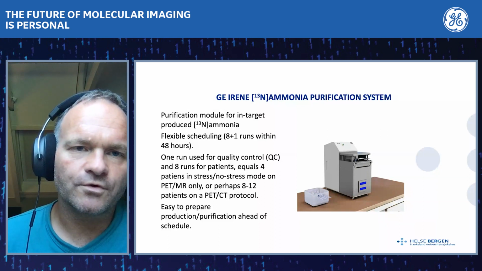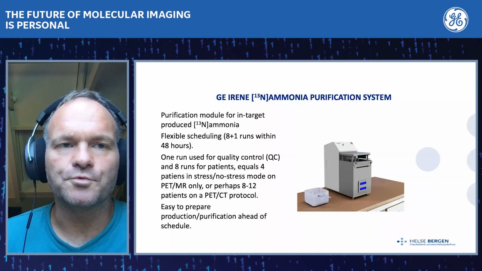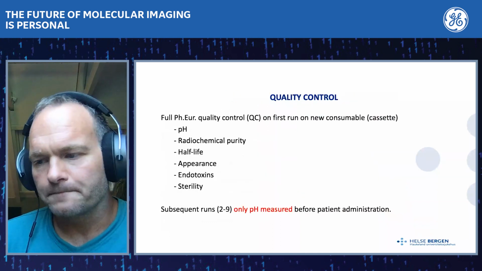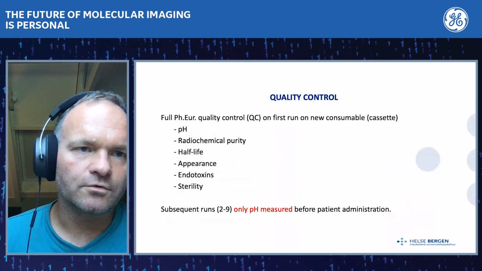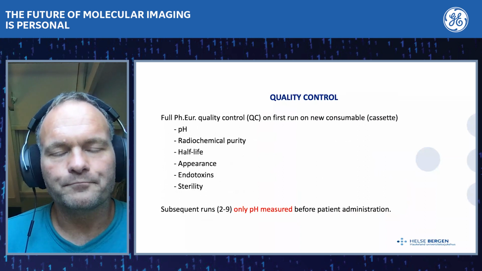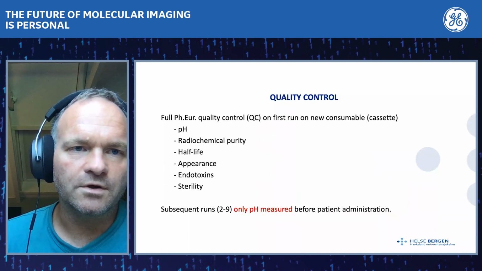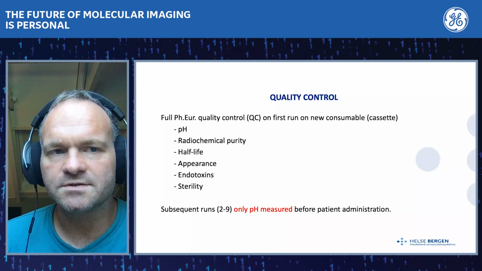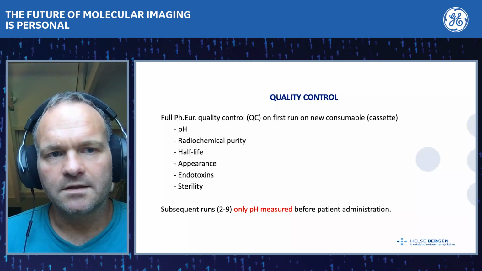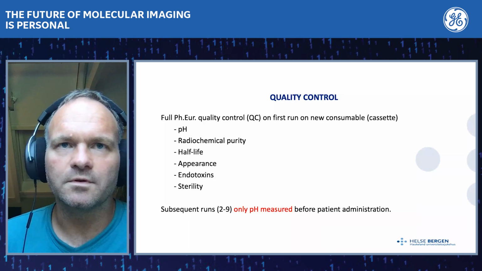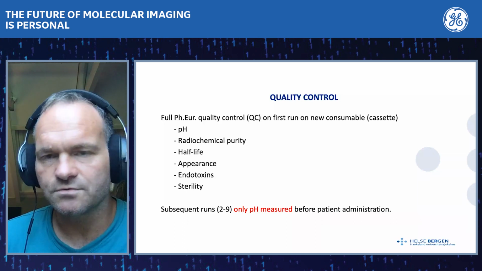So we would use the first batch or the first run to do quality control, which is in the requirements of the European Pharmacopoeia, and that would include pH, radiochemical purity, appearance, half-life, endotoxins, and sterility. And the subsequent runs would then only be required to do a simple pH measurement before administration to the patients.